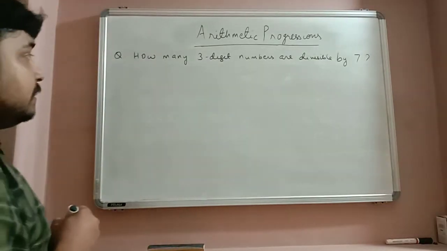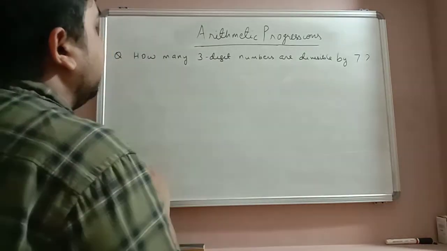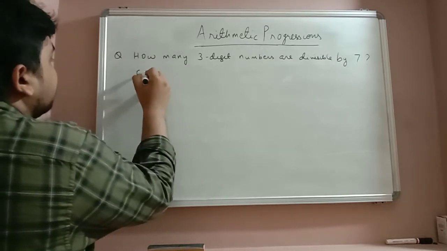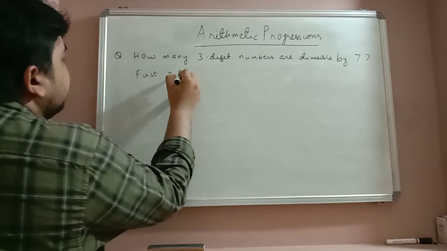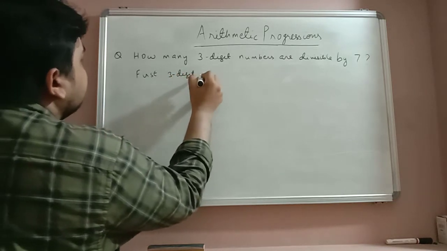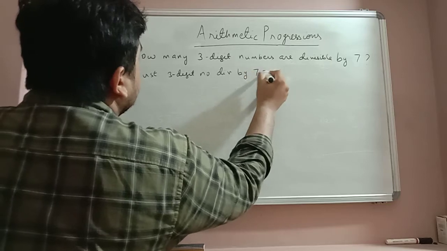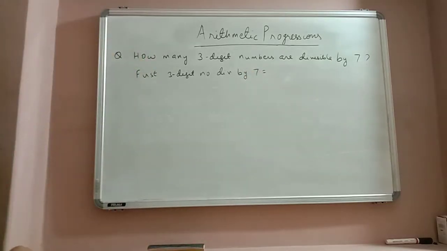So let me determine the first 3-digit number divisible by 7. How will we calculate this?